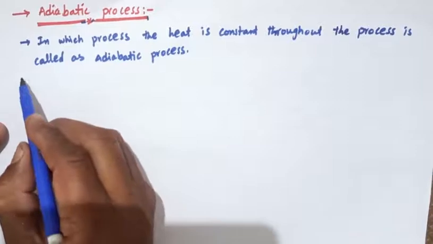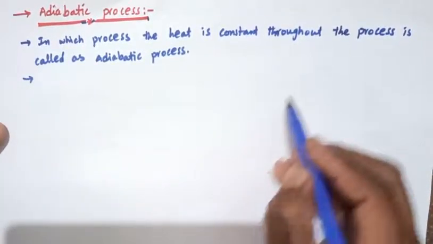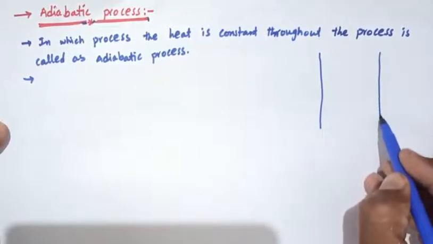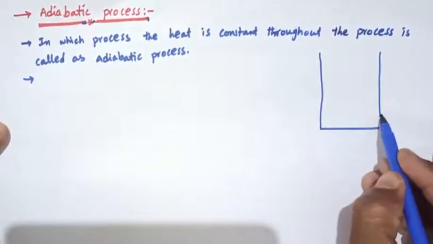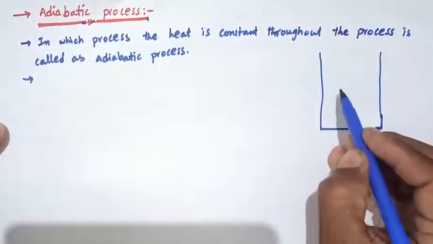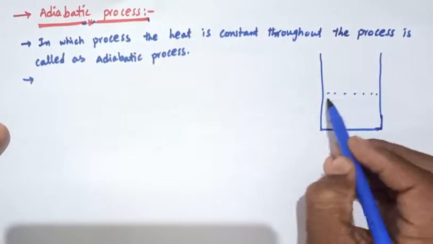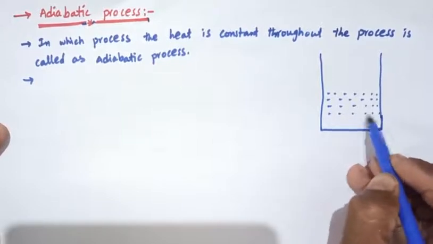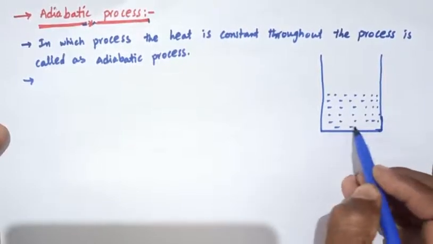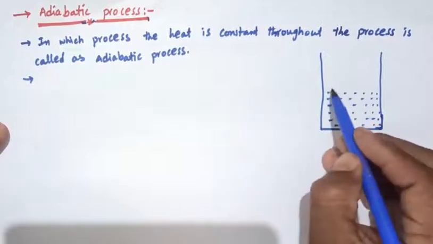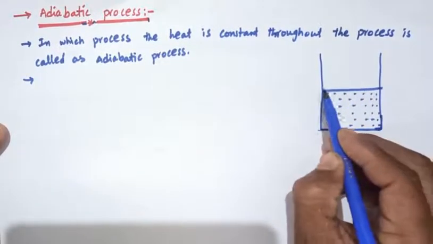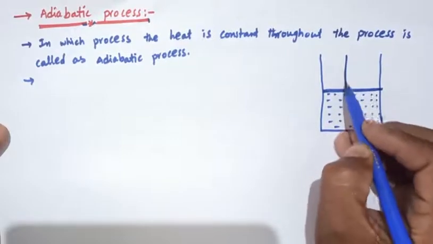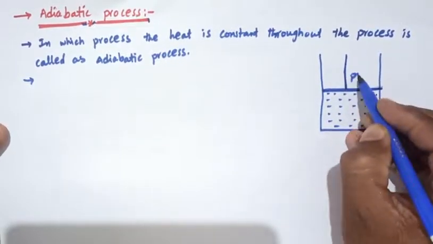We will consider here a cylinder. This cylinder contains a certain gas, a mixture of gas. It has a piston, and the piston is also insulated.